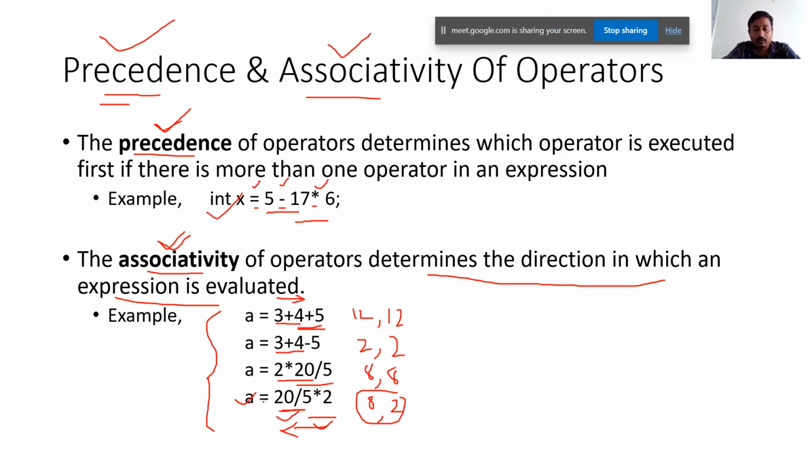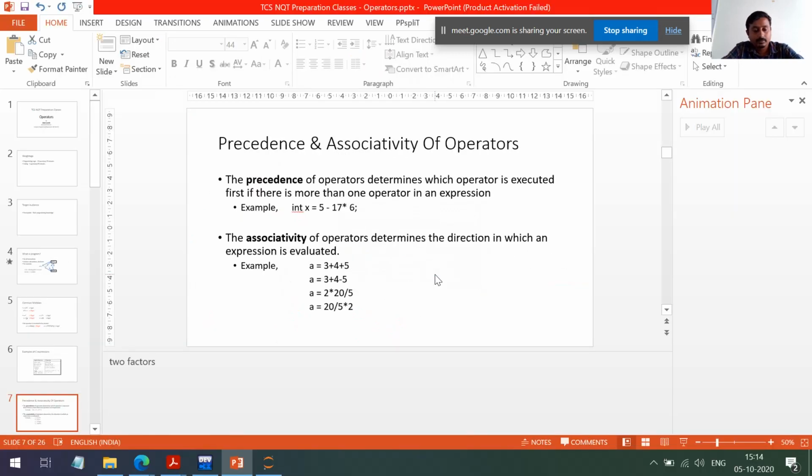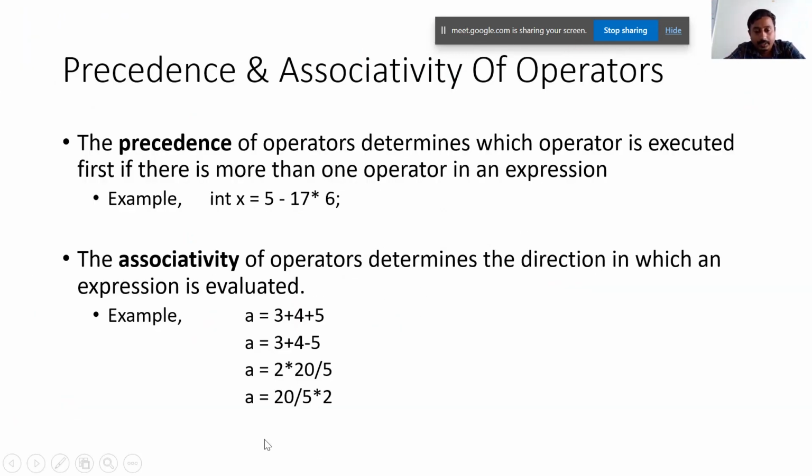Okay, so now in the fourth example, we have 20 divided by 5 multiplied by 2. Let me erase this. So here we have total 3 operators, that is assignment operator, division operator, and multiplication operator. Now division and multiplication share same priority. Whether to execute first expression first or second one, that will be governed by associativity.